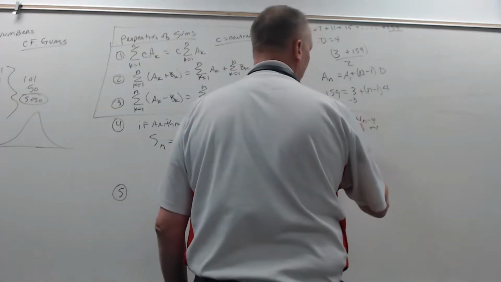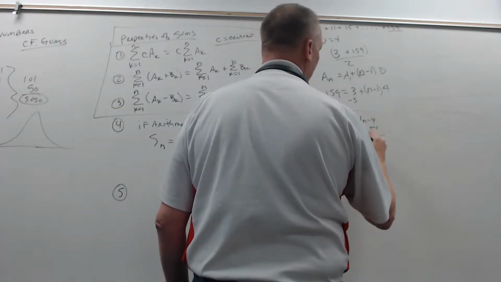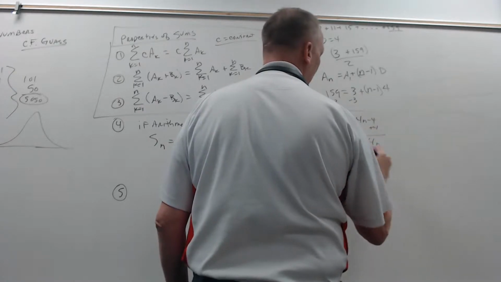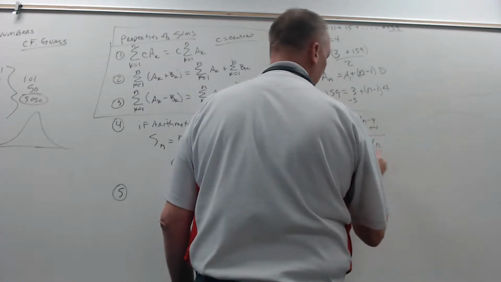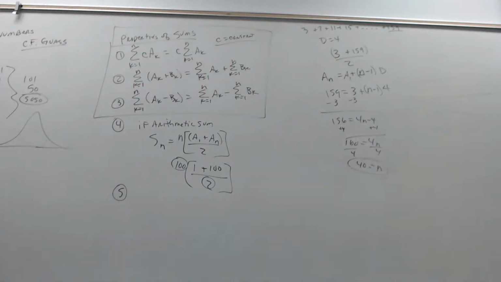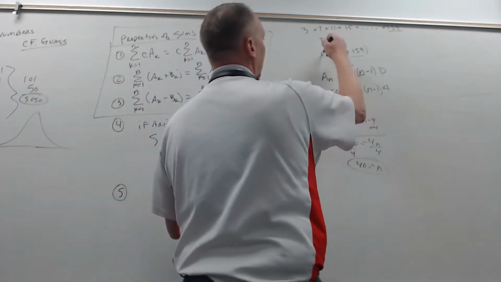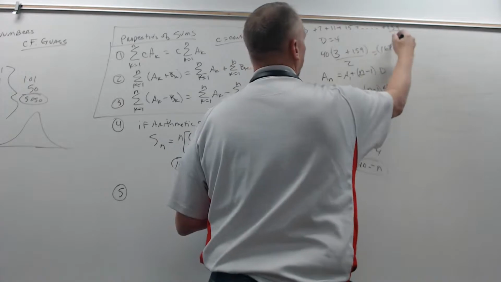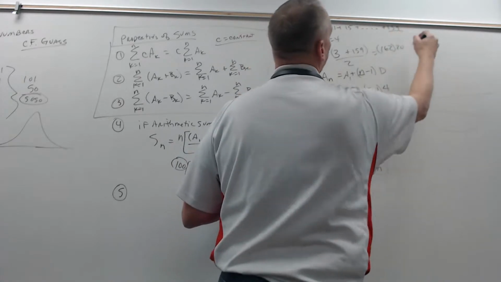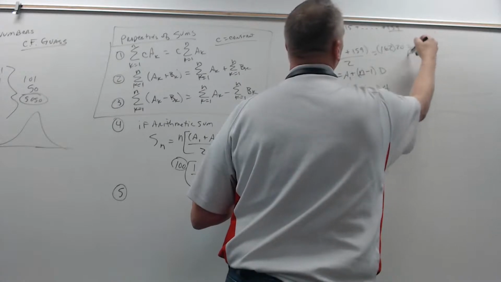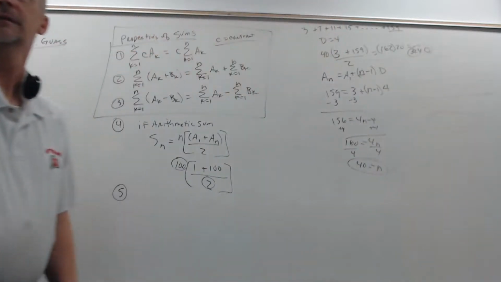Add the 4. 4n equals 160. n equals 40. So I've got 40 terms here, right? Okay. So now that I know that, I can put a 40 here. And then I'm going to get 162 times 20, which is 3240.